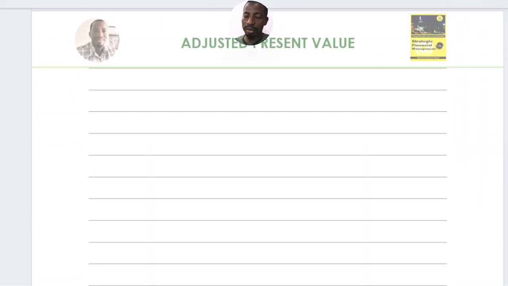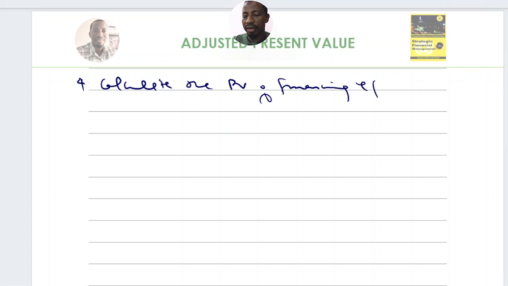So the last one, which is of course step 4 now, is to then calculate the PV of financing effects cash flow.